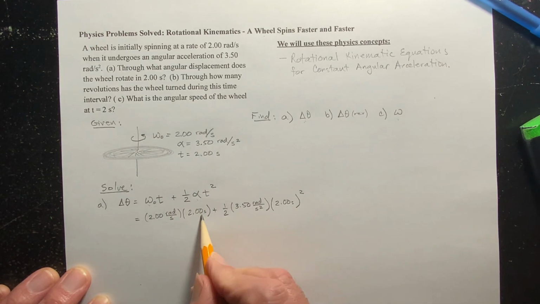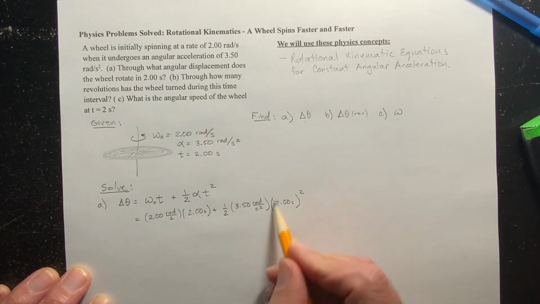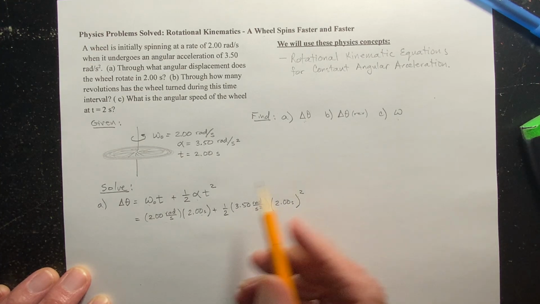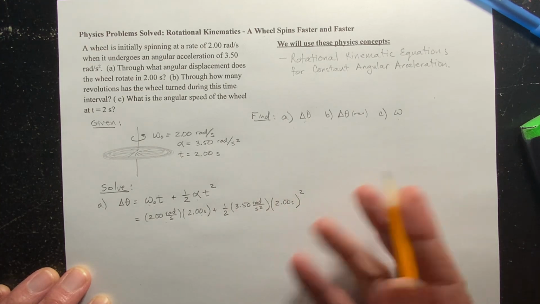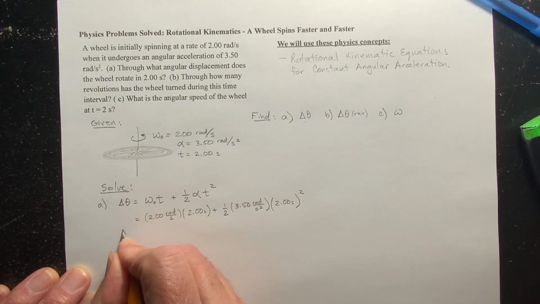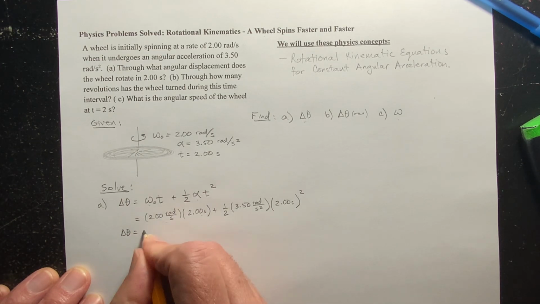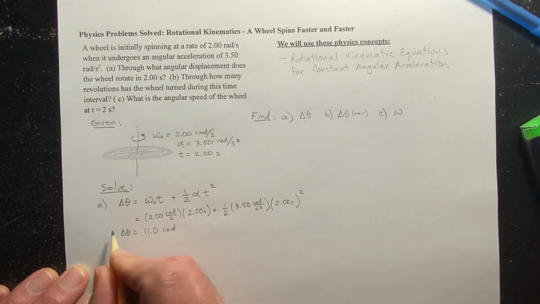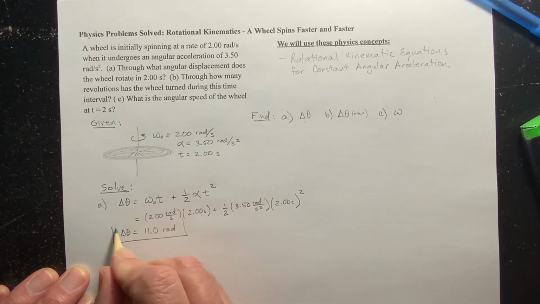Okay, well this is 4. And 4 divided by 2 is 2. 2 times 3.5 is 7. 7 plus 4 is 11. And you can use a calculator if you want to. So this should be 11.0 radians. Okay.